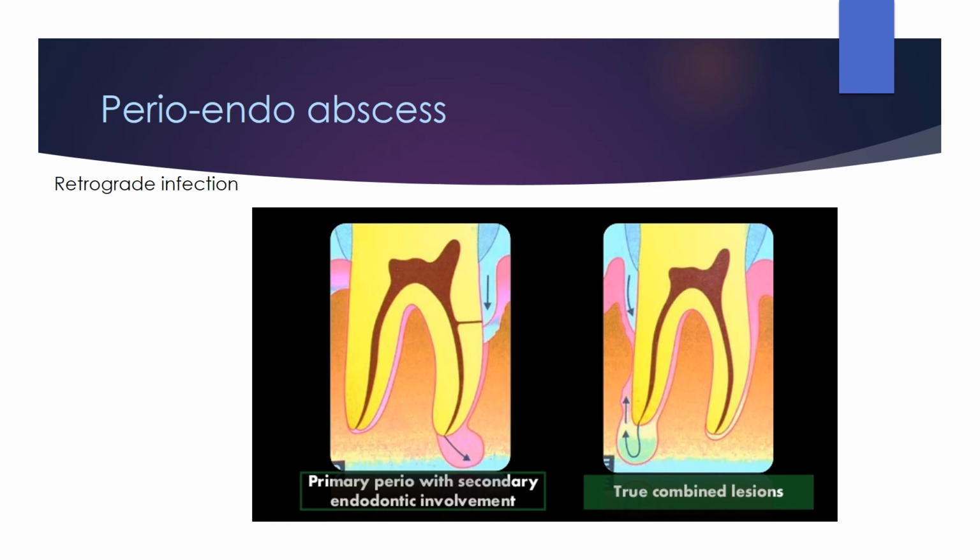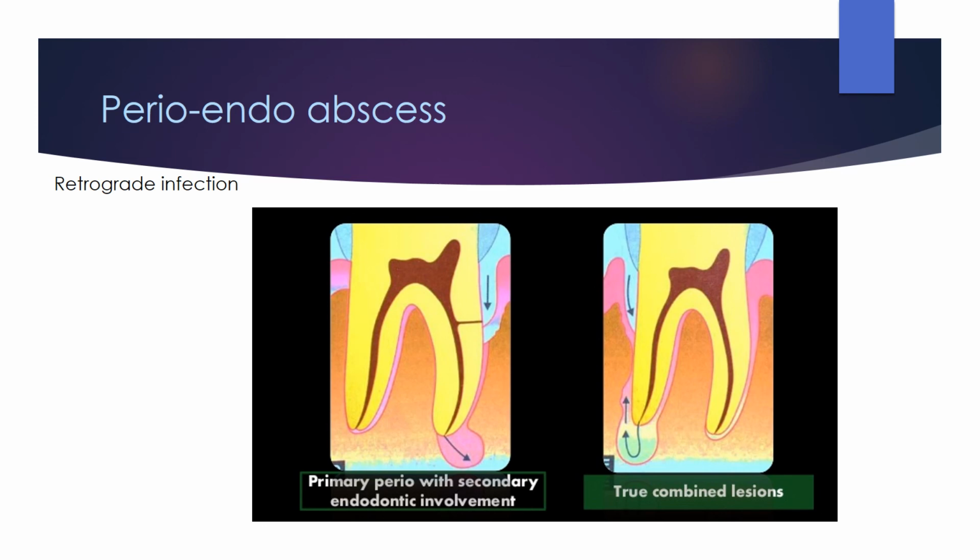On the other hand, when there is a primary periodontal involvement and infection, bacteria from the periodontal pocket reach the periapex of the tooth and enter the periapex via retrograde infection, infect the pulp, and lead to non-vitality of the tooth. The process is called a perio-endo abscess.